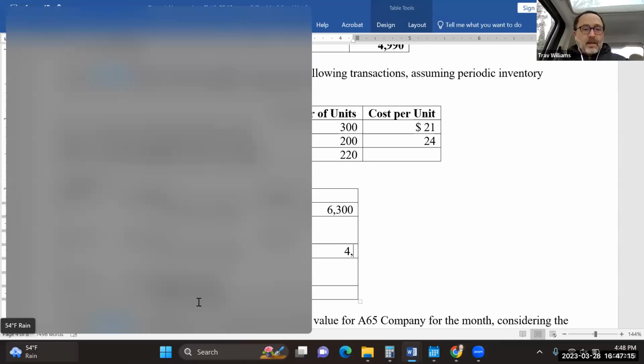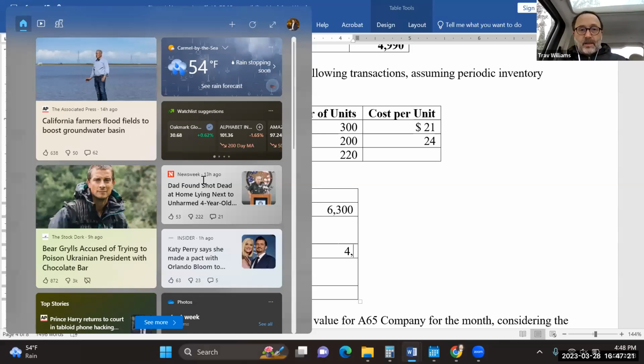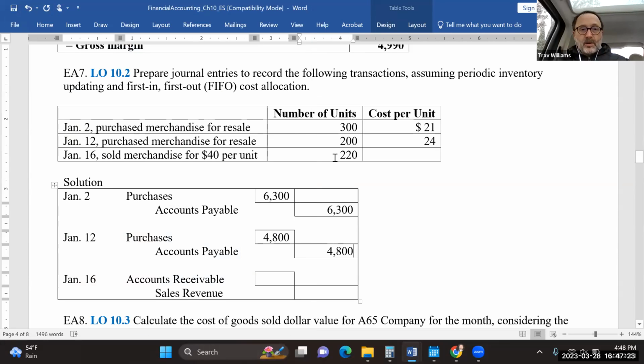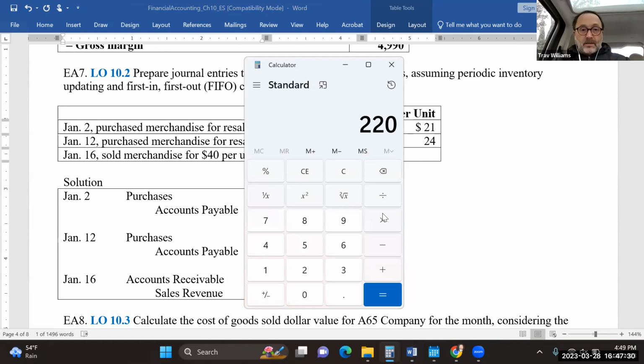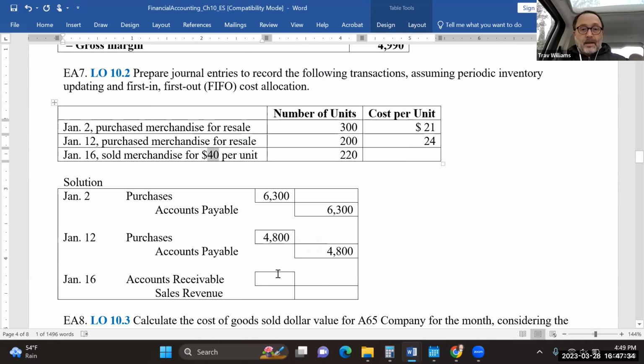Then January 16th, we made a sale. Okay, we sold 220 units, and the sales price is $40 each. So 220 times 40, so that's $8,800. Now, in this case, our customer is going to pay us later, so we have an account receivable, and we count it as a sale.